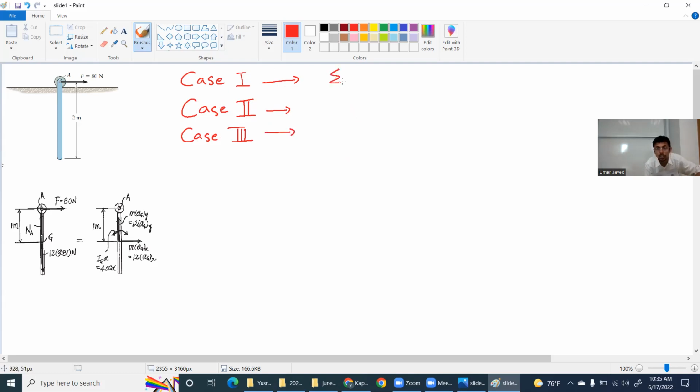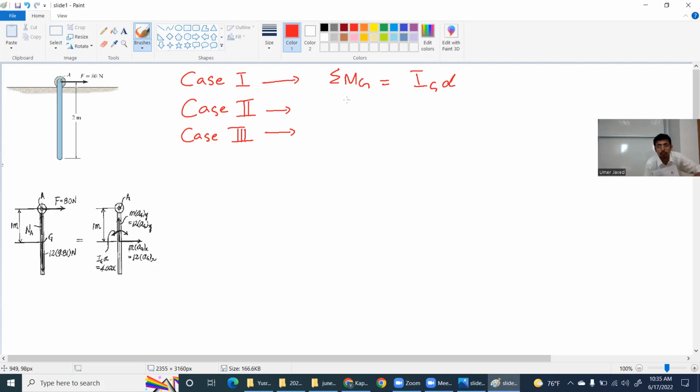Remember that we usually tackle the problems like this. Forget about the summation of forces in the X and Y; I'm sure you already know that. I'm just talking about moments. Summation of moment about the center of mass is equal to IG alpha.